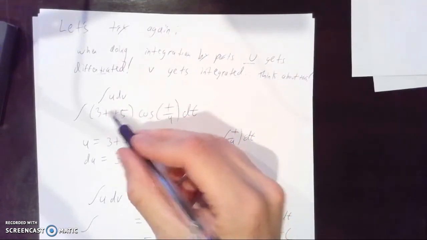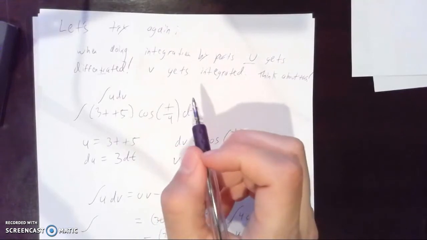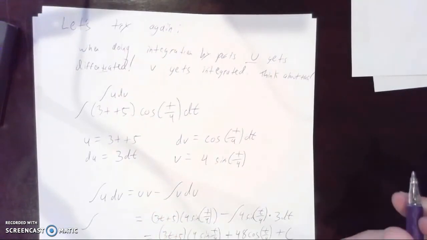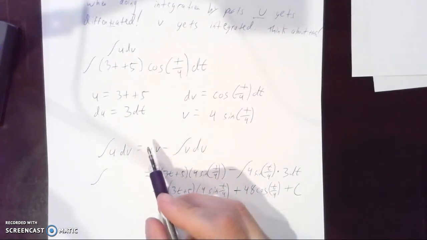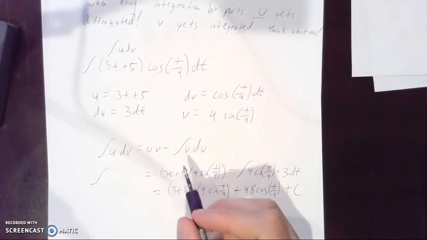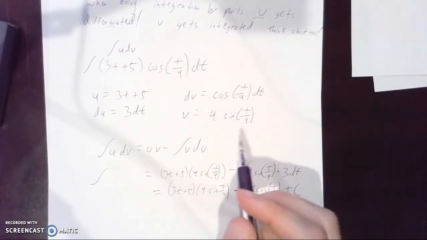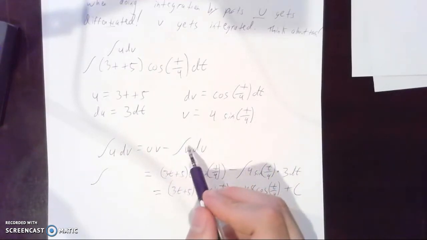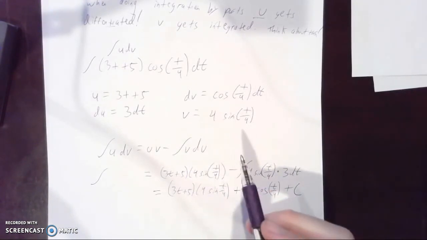So you have to choose from what we have there, one of those to be u, one to be dv. That's basically what's going to happen to start integration by parts. Then you just use the formula. Well, uv, pretty straightforward, 3t plus 5 times 4 sine of t over 4. And then there's an integral to do with the v du.